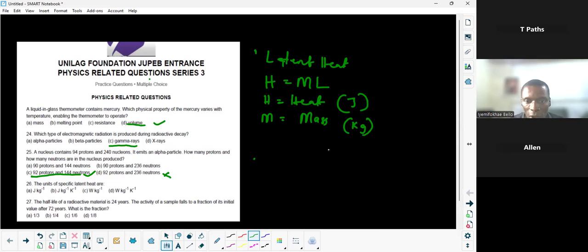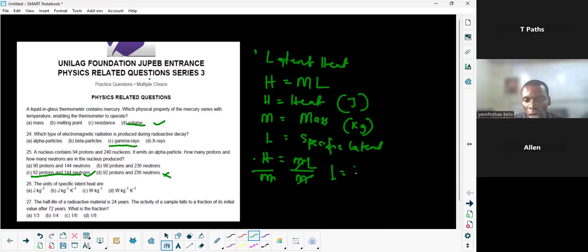Now we are asked to find the specific latent heat. So H equals ml. Divide both sides by m. M cancels m. Your L is equal to H over M. You can use this to form your unit.